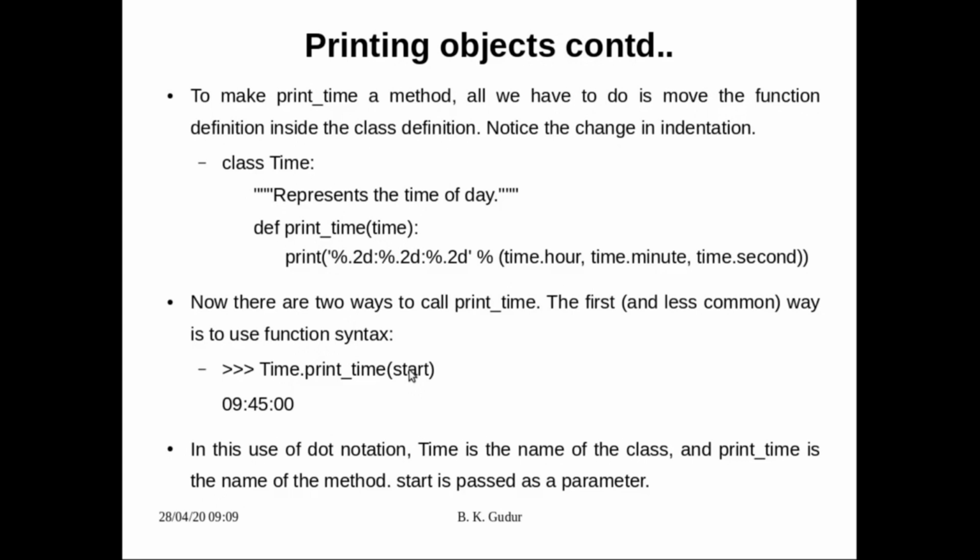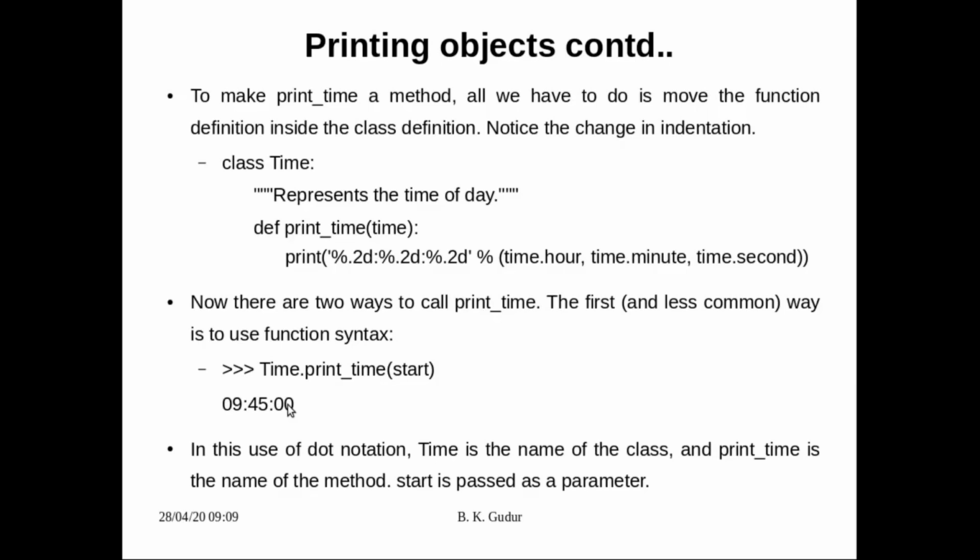Here the object is start. Time, with a capital T, is the name of the class, and this is the function name, and inside that we are supplying start as an argument. In this use of dot notation, Time is the name of the class and print_time is the name of the method, and start is passed as an argument. Obviously it is going to execute, and we'll get the result like this.